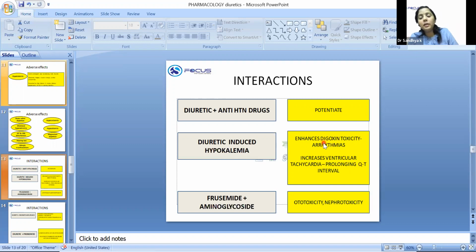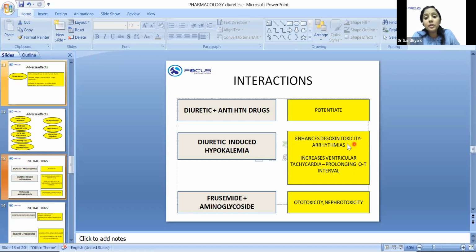Digoxin will do its necessary action, and after that, every drug has to be removed from the body, right? So digoxin is removed via a potassium-mediated receptor. Now what will happen? We don't have potassium because there is hypokalemia. The patient is already on a diuretic and has hypokalemia. So digoxin will not be removed from the body.